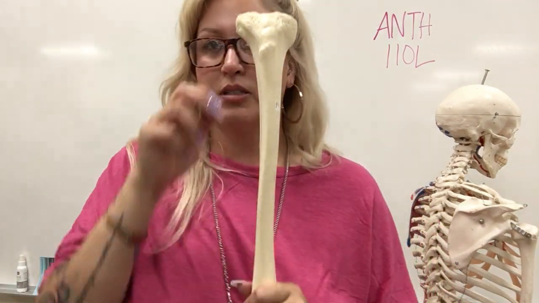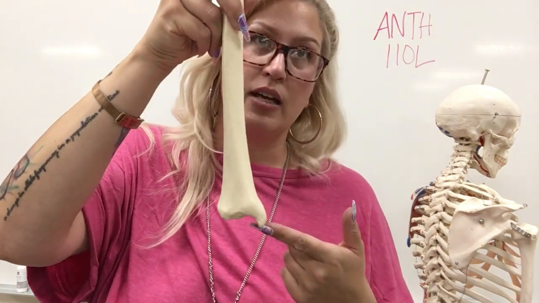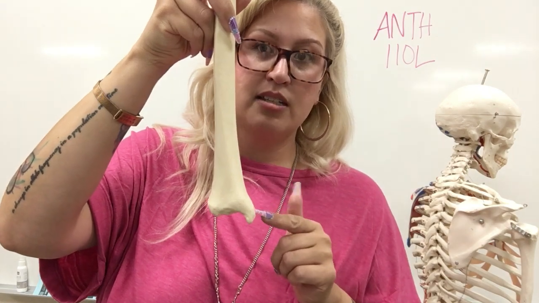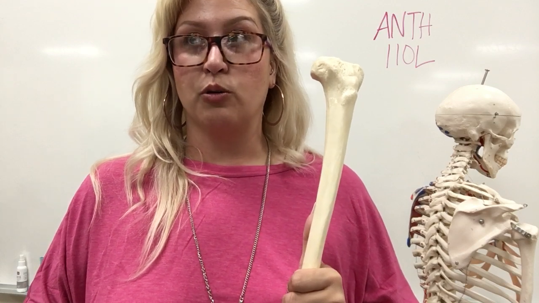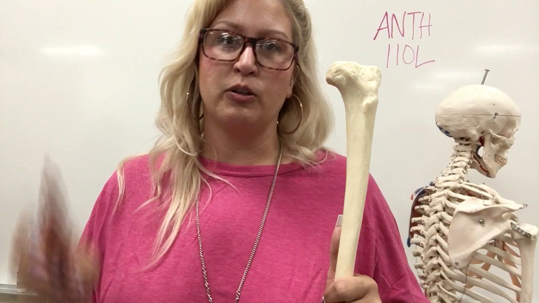The next feature is called the medial malleolus. We're looking at the distal portion of the bone. It is this little feature right here. This is actually your ankle on the inner part of your leg, or the medial part. We call the little bulbous part the ankle, on the outside or the inside of the foot, right?